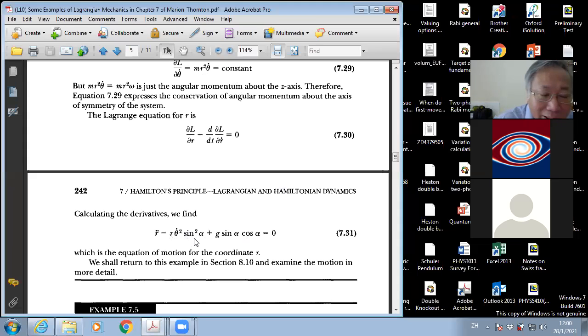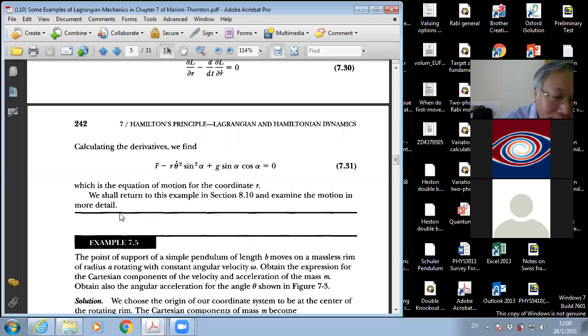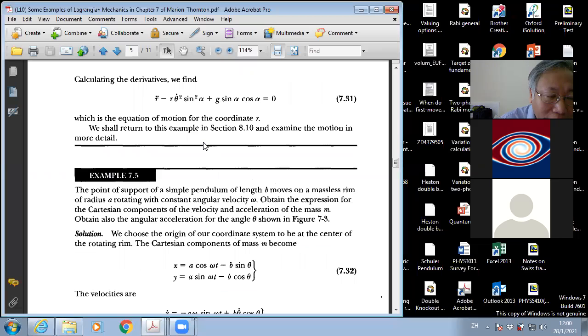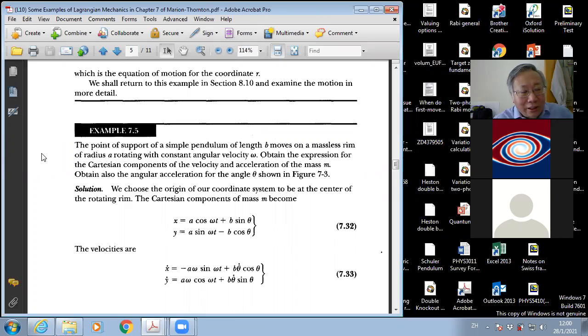And then we have an equation in r only, which is a second order differential equation in r, okay? We are not going to solve this equation explicitly. This is not the purpose of this example.